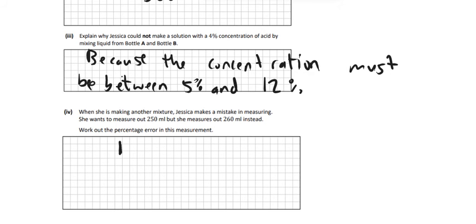So it's going to be 10, and you put it over what it should be, because that's what she's measuring. So 10 over 250 times by 100. So you get 4%. So she's out by 4%.